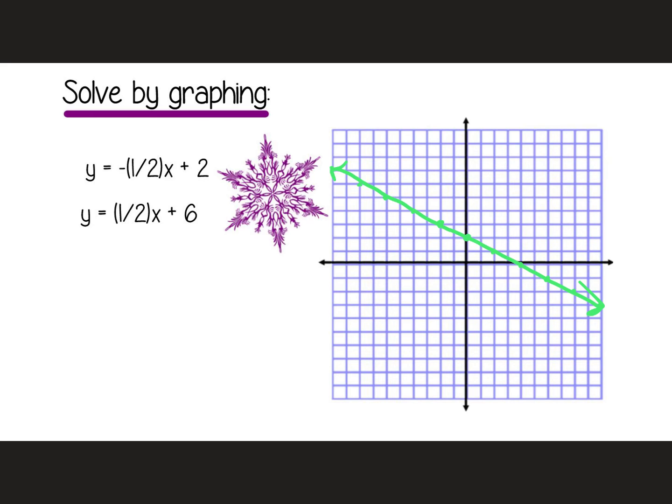The y-intercept is 6. And then the slope is positive 1/2. Okay, I got the intersection. So my answer is right here. And that is the point. Looks like (-4, 4).